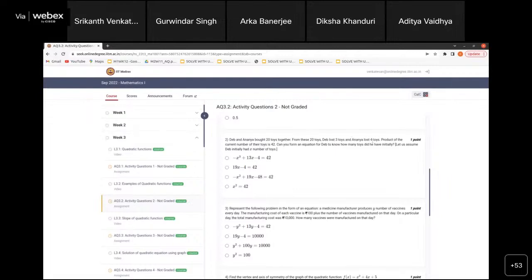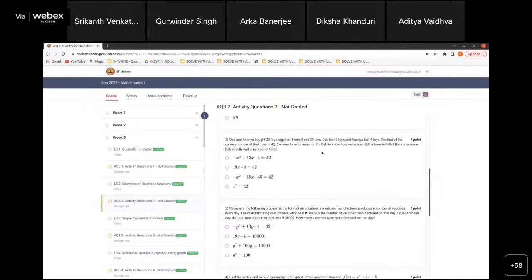And Ananya lost 4 toys. Initially she has 20 minus x toys, and from 20 minus x she lost 4 toys. That means currently she has 20 minus x minus 4, which is 16 minus x. So Deb has x minus 3, Ananya has 16 minus x, and their product is given to be 42.